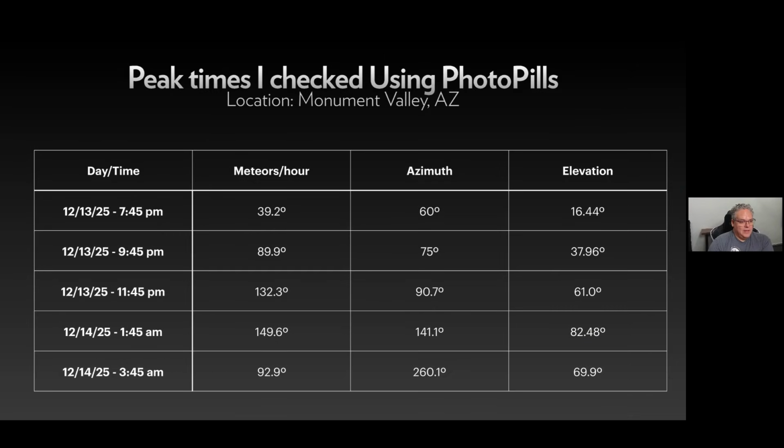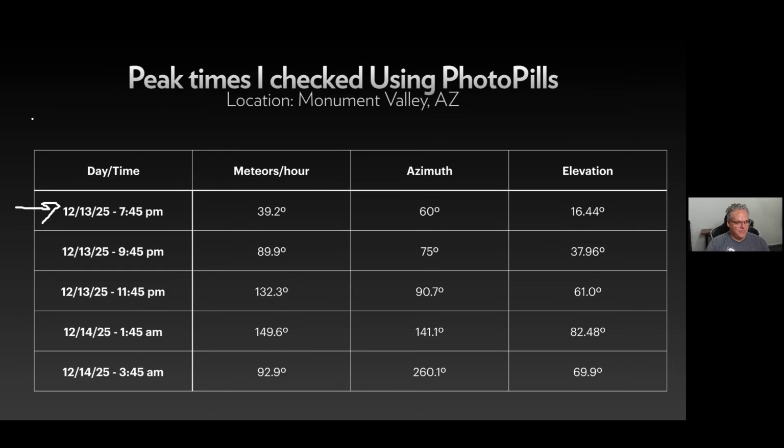Well, for the peak times that I checked using PhotoPills at Monument Valley, I want to talk about the azimuth and elevation so that we can talk about planning here. I broke it down every 2 hours. See this? Starting at 7:45, which is kind of twilight-ish.